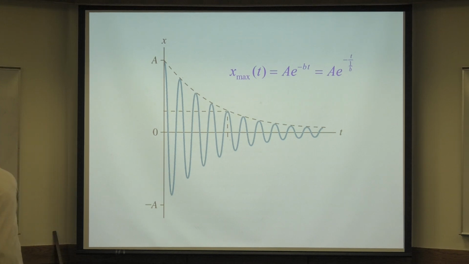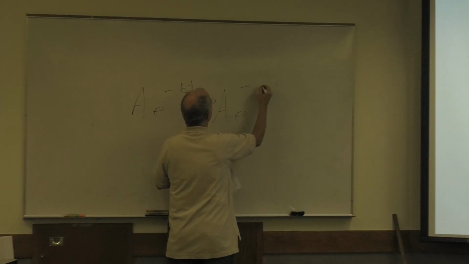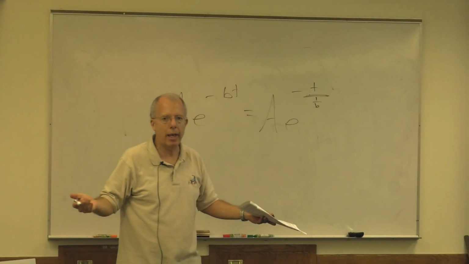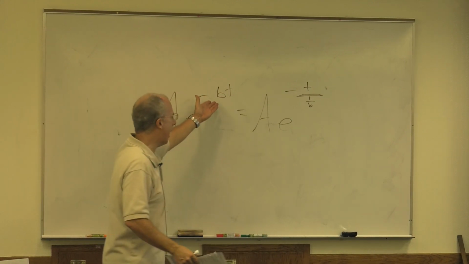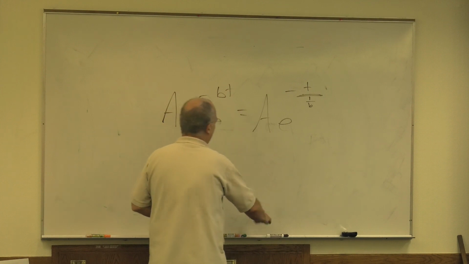Here I have a e to the minus bt. Can't I write it as e to the minus t all over 1 over b? Yeah, I can. That's correct math. You might think, why would anybody want to do that? Just have patience.